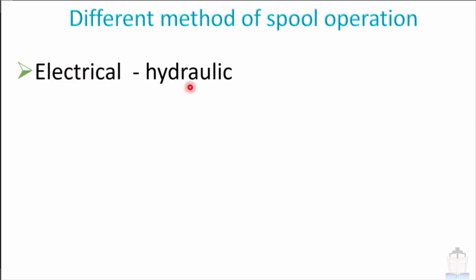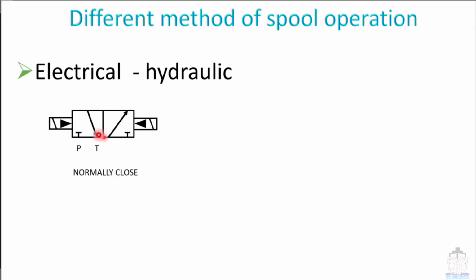electrical hydraulic. This is the graphical representation of the electrical hydraulic valve. That means this is electrical, and this black triangle means hydraulic. That means the spool movement is finally controlled by the hydraulic pressure, not by electrical. And this valve is normally closed. Why normally closed?